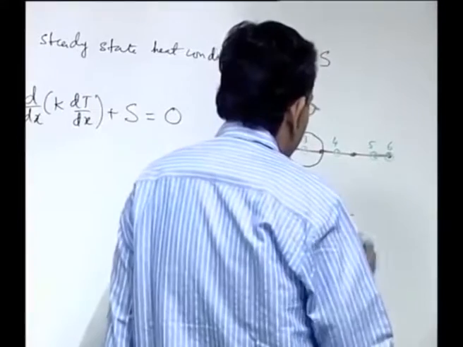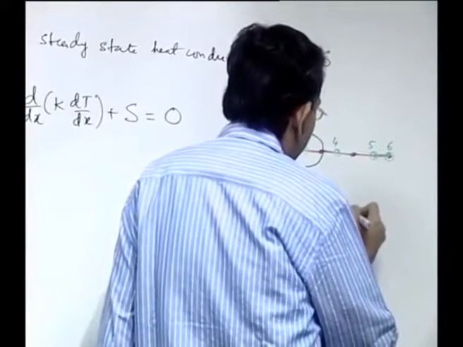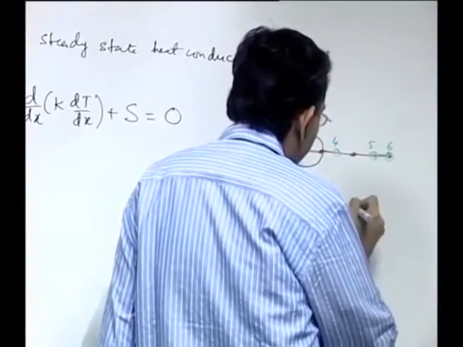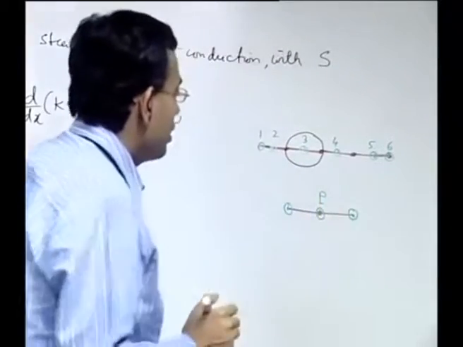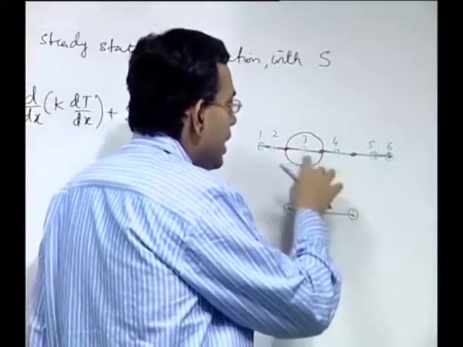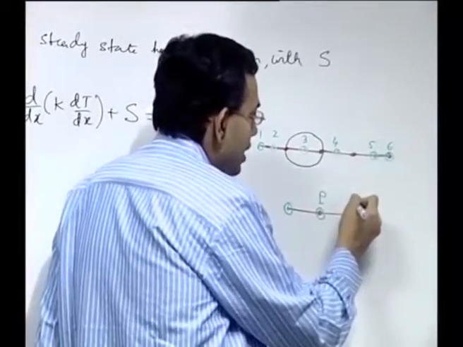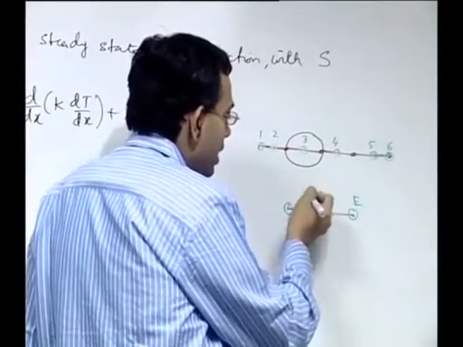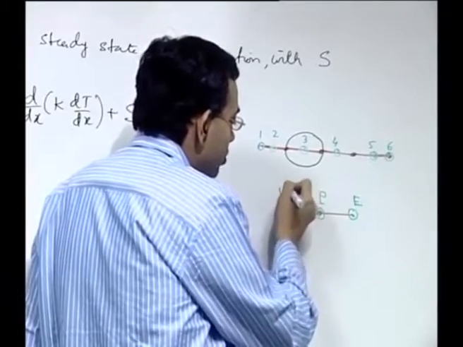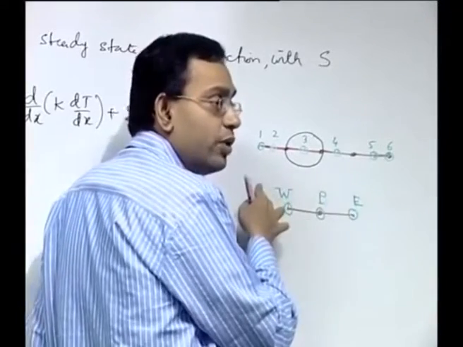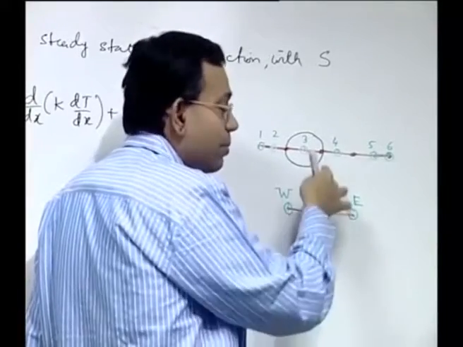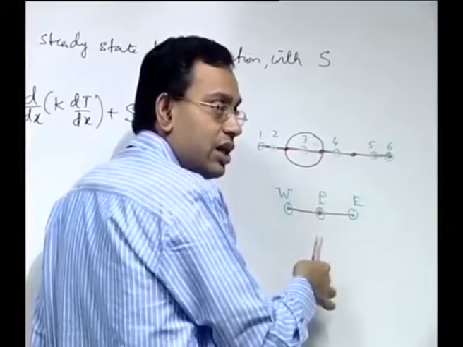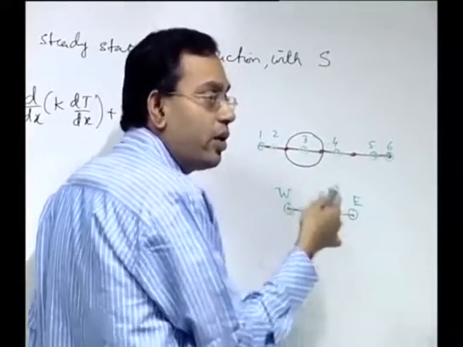Now, you have the next control volume, so you have the immediately next neighbor which we call E, and immediately the neighbor to the left we call W. This is E for east and W for west. Similarly if it was 2 dimensional it would have been N and S, north and south, and for 3 dimensional T and B, top and bottom.